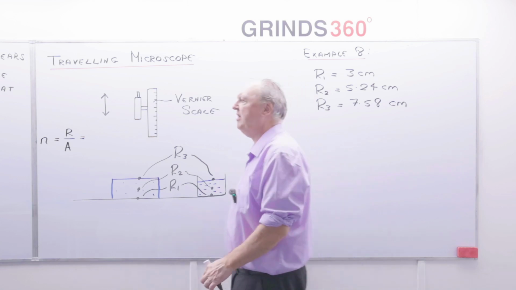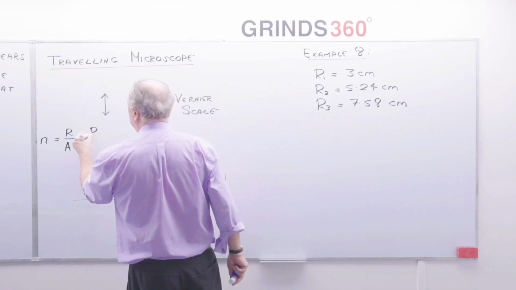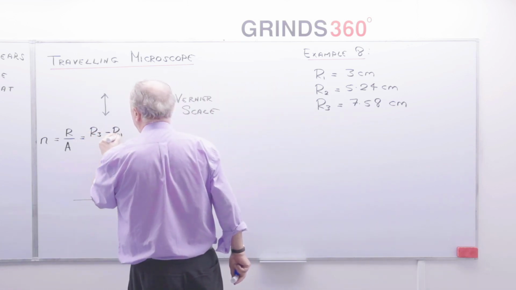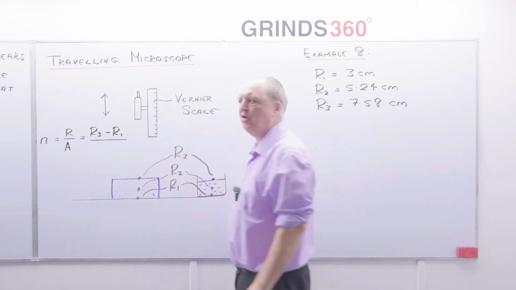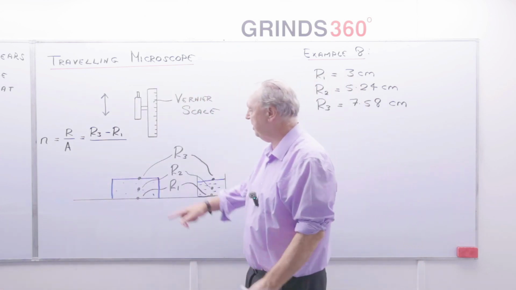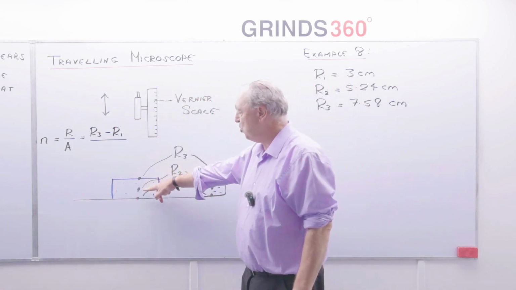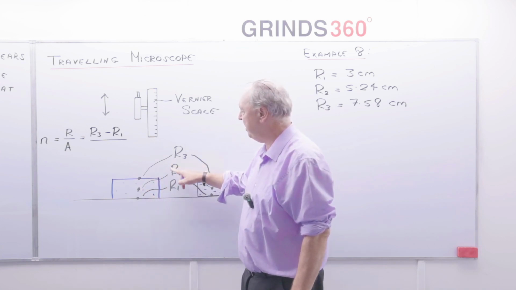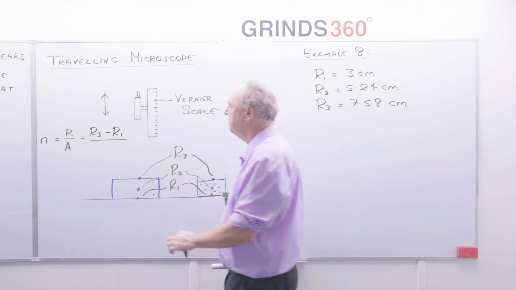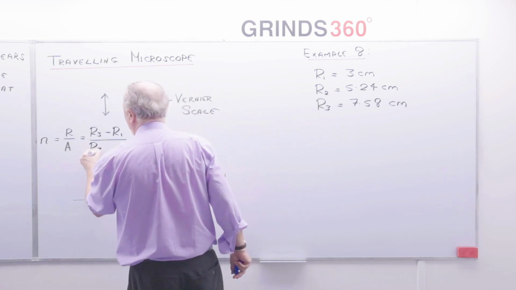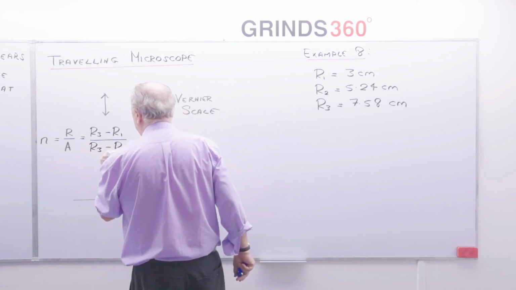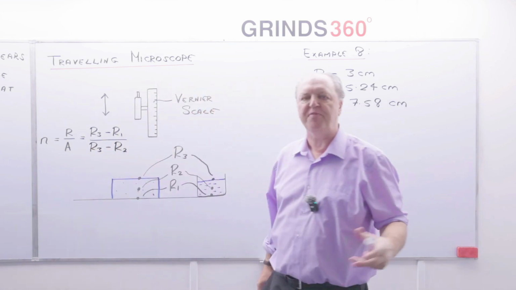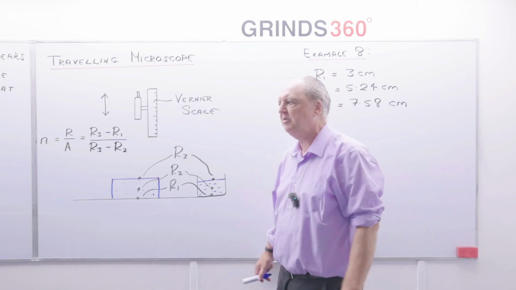It'll be R3 minus R1. And what's the apparent depth going to be? The apparent depth will be from the top to where the bottom appears to be. It's going to be R3 minus R2. So there's a formula that we can use with the traveling microscope to work out the refractive indices of materials.